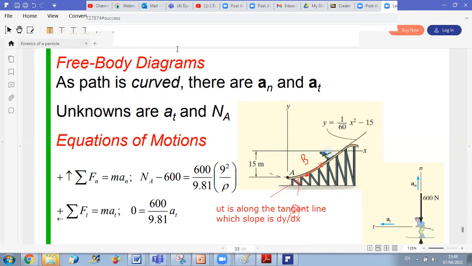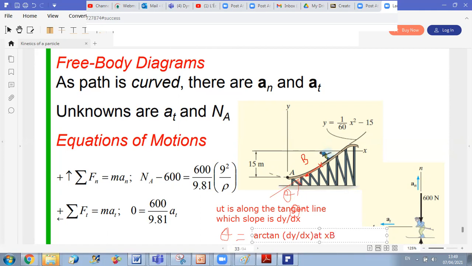If this is angle theta here, then theta can be calculated as theta equals tan minus 1, or arctangent, of dy over dx at the point of interest, at x b.